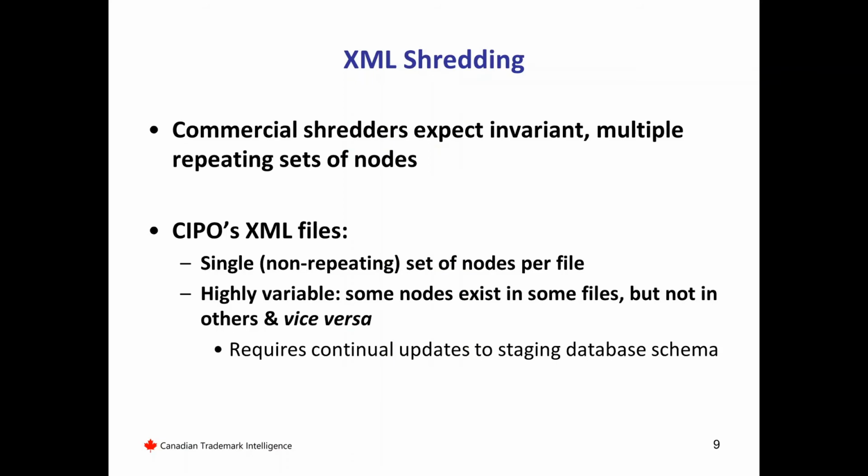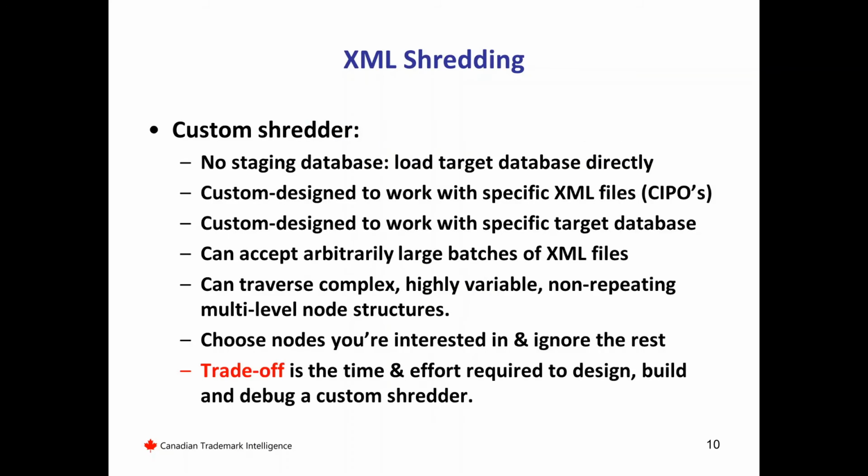This node existence variability can wreak havoc on the staging database created by a commercial shredder, because the commercial shredder continually updates and thereby further complicates the staging database's schema. Specifically, as the shredder encounters files containing nodes which have not previously been represented in the schema, the schema gets updated.